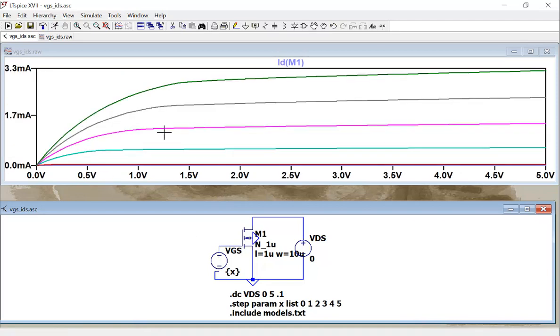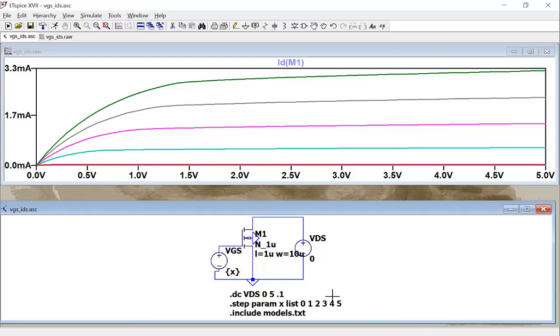So there are several lines getting saturated at different voltages. Which one is higher, which one's 5 volts? Because you can see I have 0, 1, 2, 3, 4, 5 on the list. So these are different voltages for the parameter here, VGS, and we're sweeping VDS. So the x-axis is VDS, and these are different VGS.